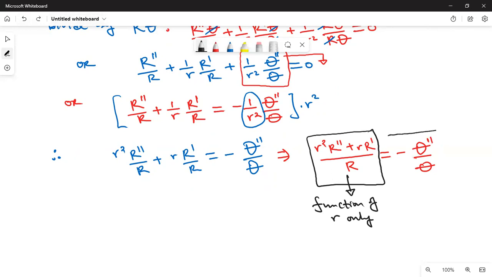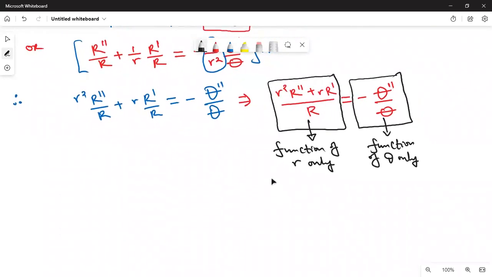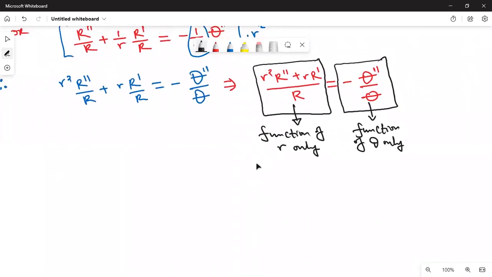Everything on the right-hand side is a function of theta only. So the left-hand side is a function of r, the right-hand side is a function of theta. For them to be equal, each side must be equal to a constant. Let's say the constant is k.